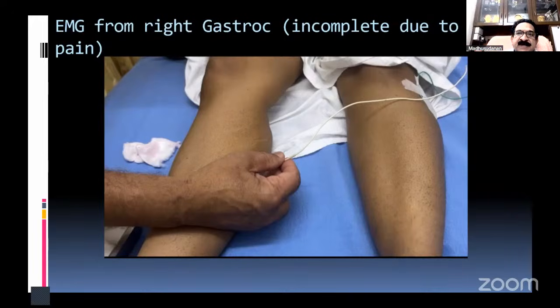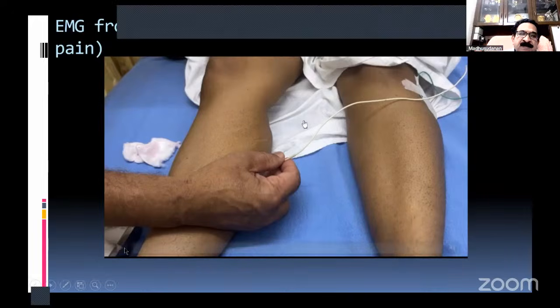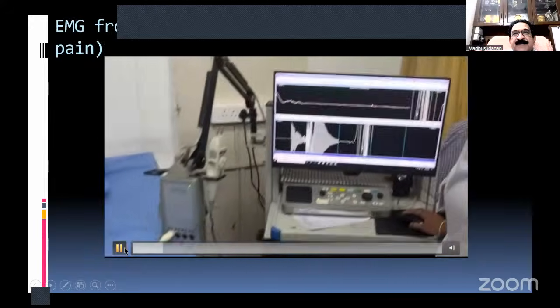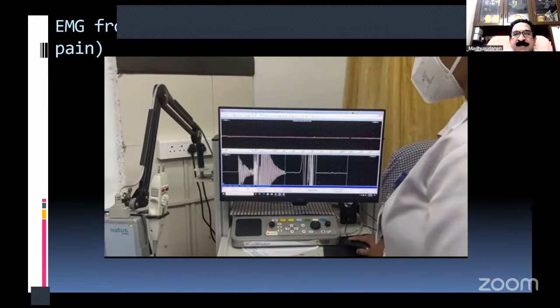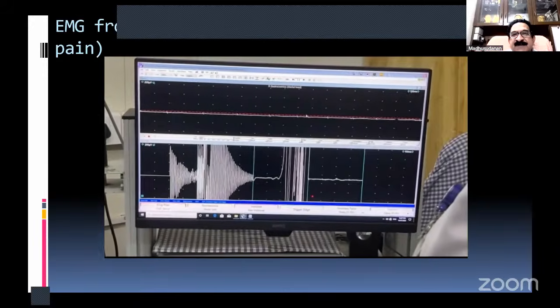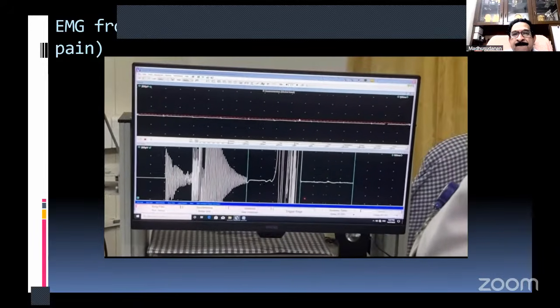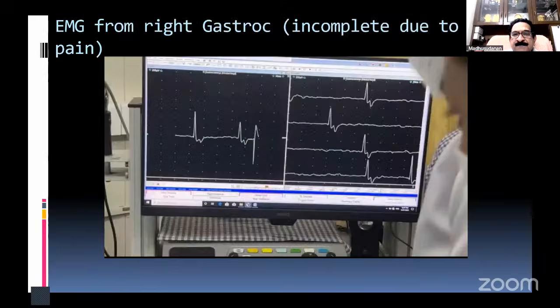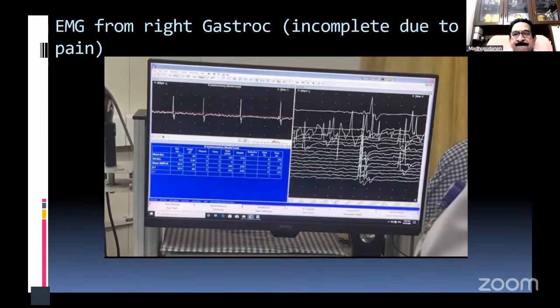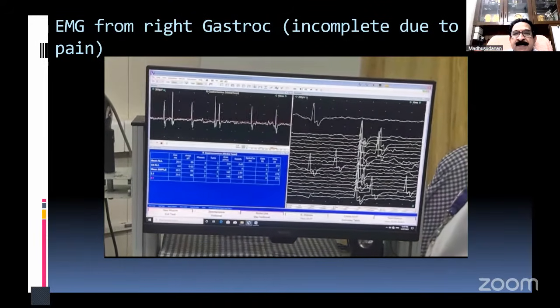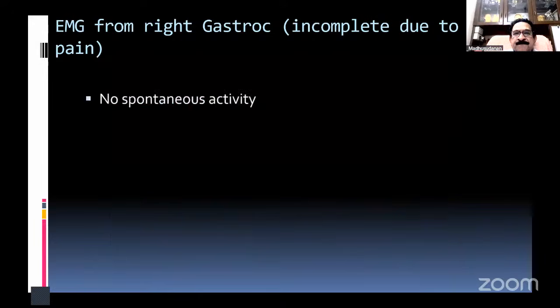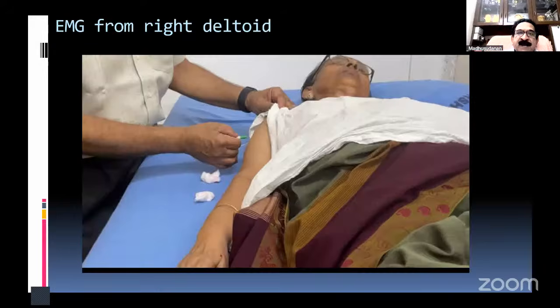Then right gastroc I did, but I could not complete it because she was complaining of severe pain, so I could not do it properly. Anyway, there was no spontaneous activity. Again normal. Then I went to the right deltoid.